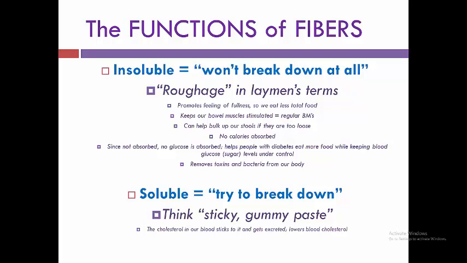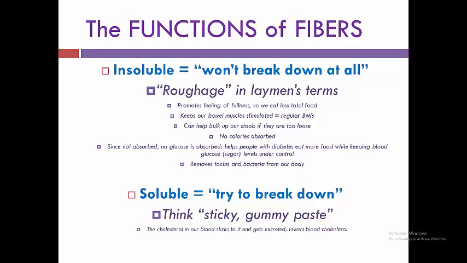The reverse is true too. That's what's amazing about fiber. It goes both ways. If somebody has really loose stools, diarrhea, then if they add a little more fiber to their diet, it will take that liquidy stool and bulk it up and help slow down that diarrhea. You know there's 4 calories in a gram of carbohydrate, but you know that if you can't break down and absorb fiber, then you can't absorb the calories.